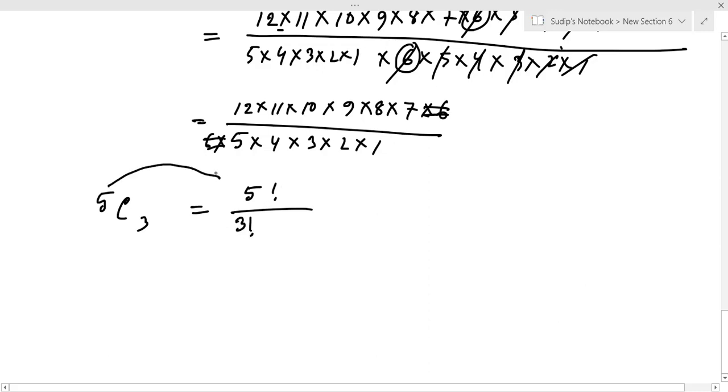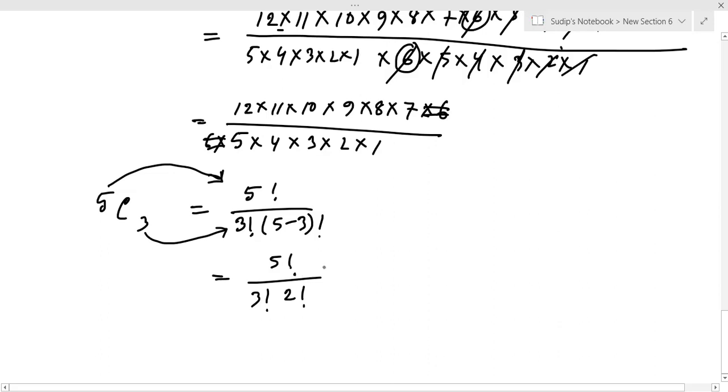This 5 will come as 5 factorial and this 3 will come as 3 factorial, and the difference between 5 and 3 is 5 minus 3 factorial, that is 5 factorial by 3 factorial and 2 factorial, which is the answer.